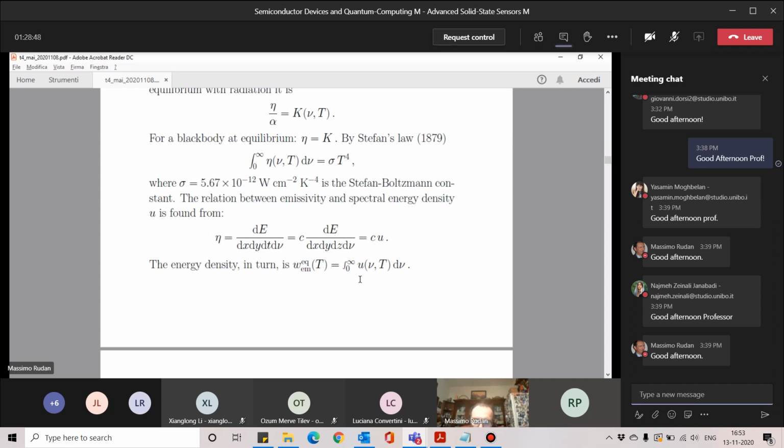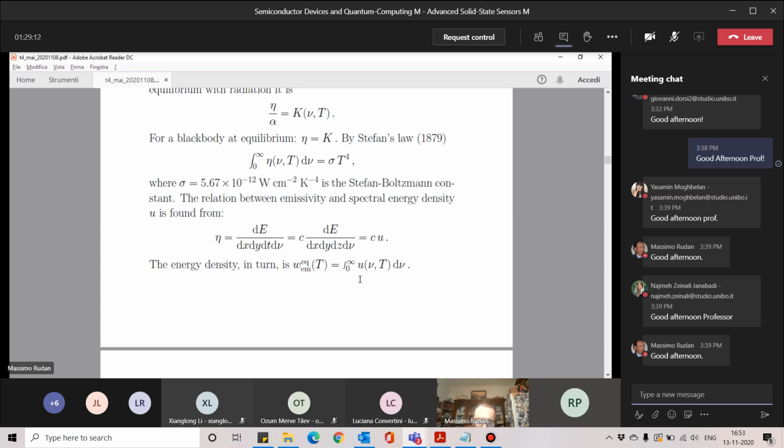So we have the number of frequencies, or if you prefer, a number of modes, of electromagnetic modes, per unit frequency. Then we calculate separately the energy of each mode.